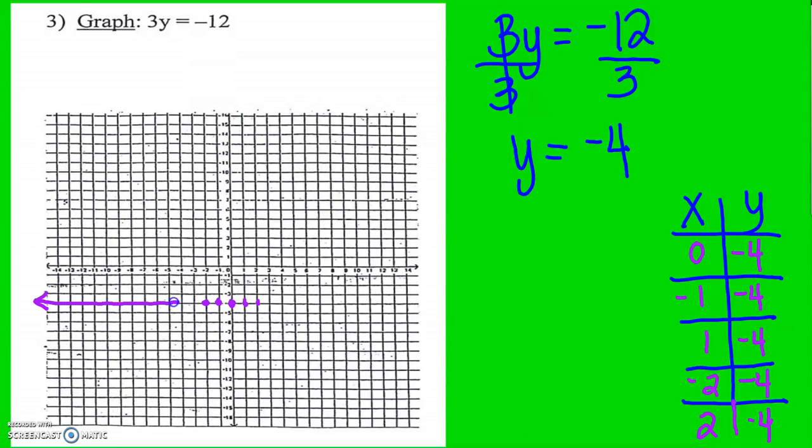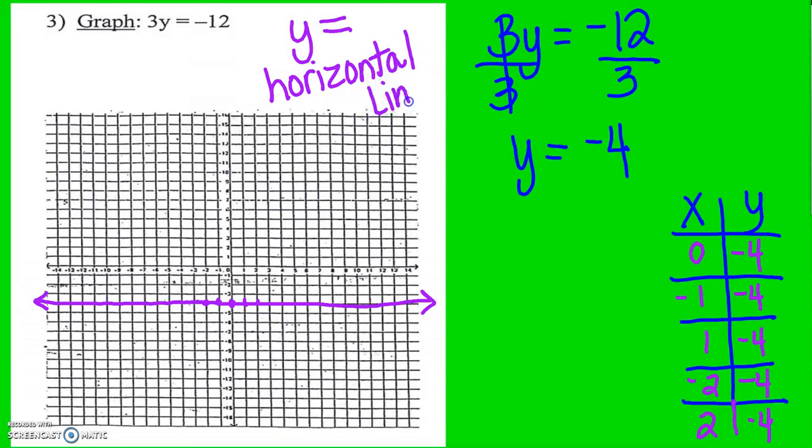So what we have here is a horizontal line. That's something you can store in your memory. When it's y equals a number, the line is going to be horizontal.